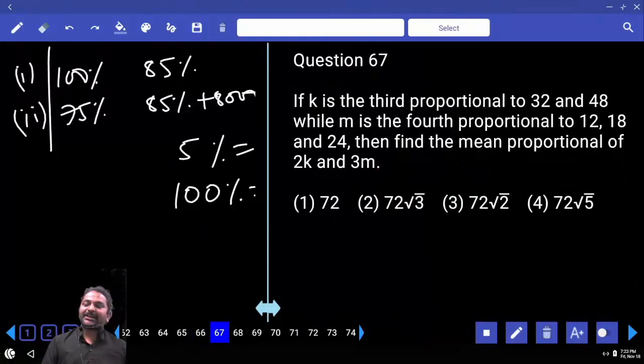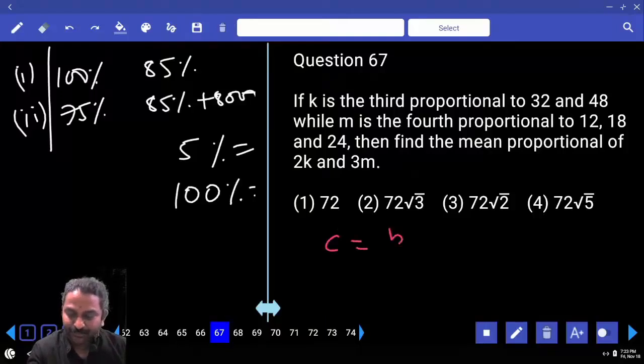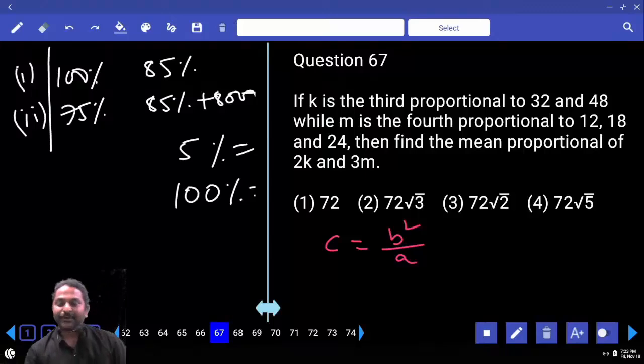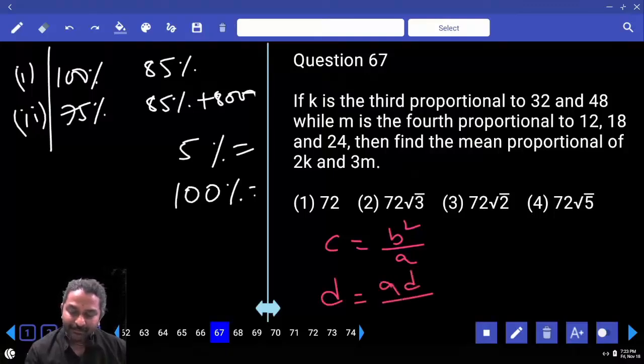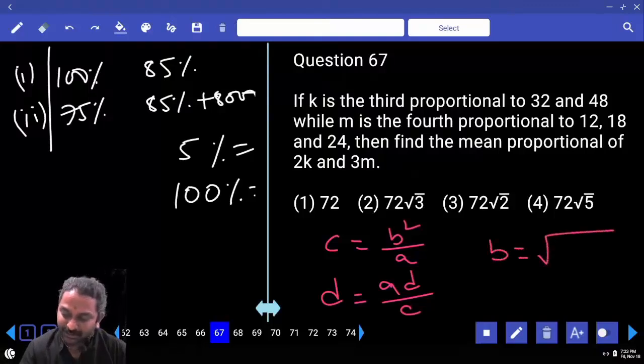If K is the third proportional, C is equal to B square by A, while M is fourth proportional, D is equal to AD by C. And find the mean proportional, B is equal to under root of AC.